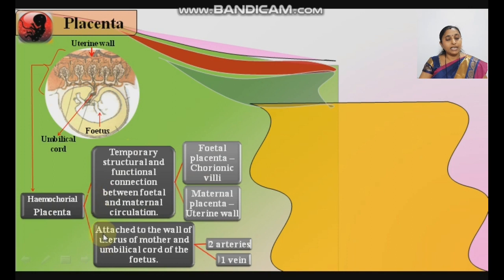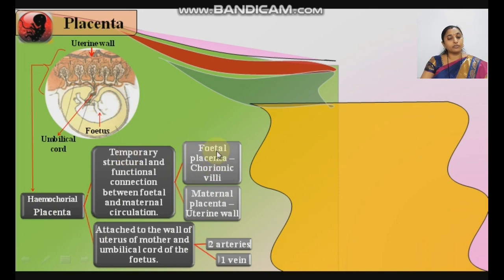Now, attached to the wall of the uterus. How do they get attached? They attach to the wall of the uterus of the mother and to the umbilical cord of the fetus. So see your connection like this. They attach to the uterine wall of the mother and to the fetus with the umbilical cord, and both these connections together form the hemochorial placenta.